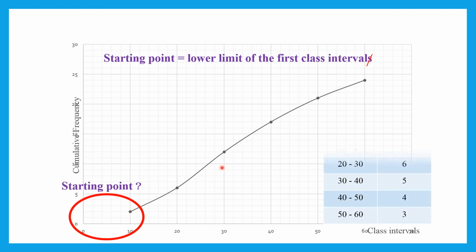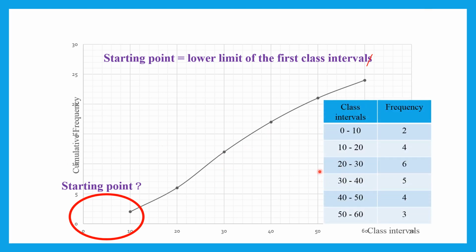Now, can you remember the table? This is the table. By using this table, we created a cumulative frequency table. But in here, can you see what is the lower limit of the first class interval? What is the lower limit of the first class?